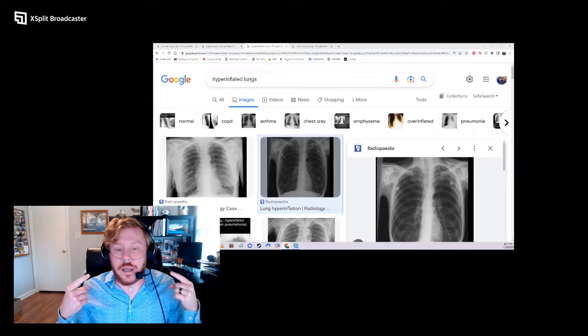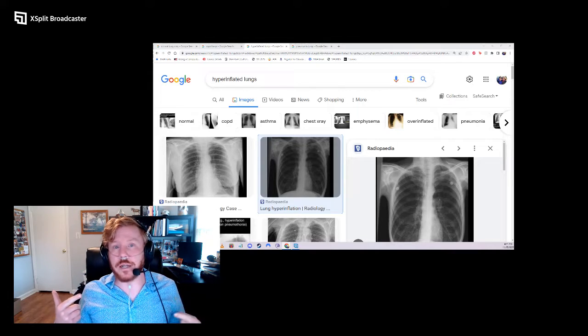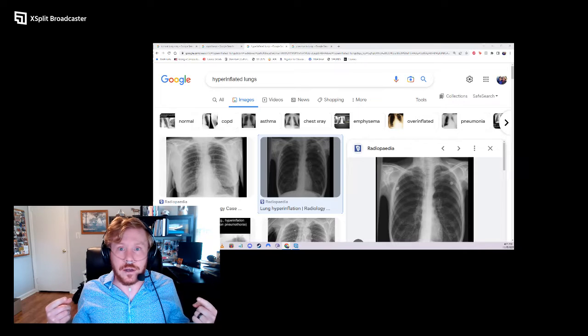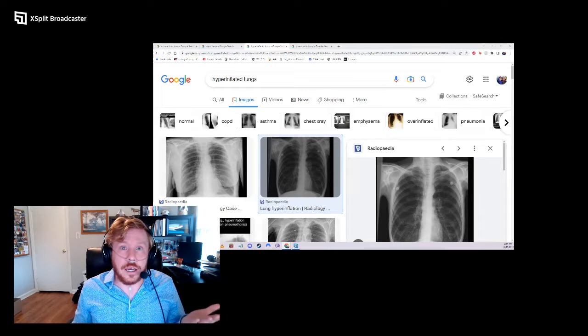And if you give them too much oxygen, because their bodies are so compensated with that change in CO2 and oxygen, you can actually cause them to become comatose and not be breathing, because their body doesn't know what to do with all that oxygen. So much of COPD care is a balancing act, because their lungs are hyperinflated.